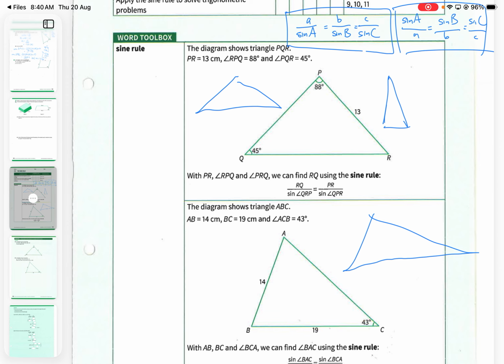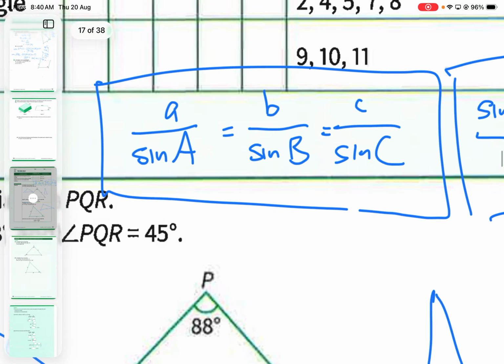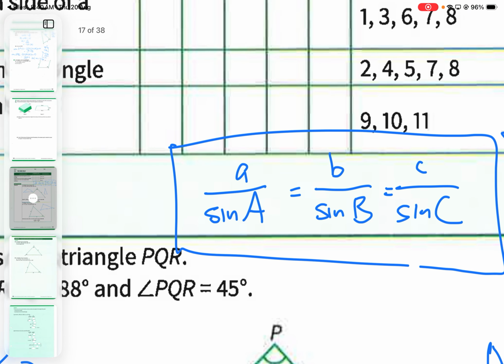Angle big, longer side within the same triangle. And the smaller the angle, the smaller the side, and then it will end up with a ratio that will always remain the same number throughout the entire triangle.